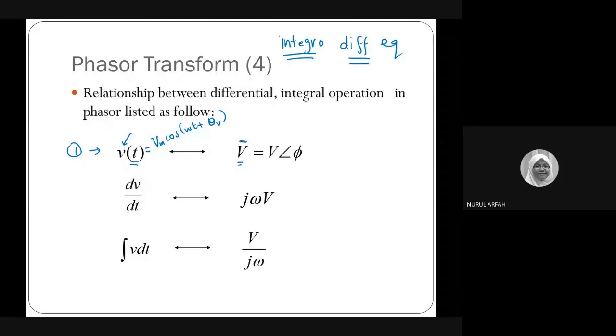And then what is V? The second one, V is your magnitude, amplitude. So this is Vm. And then with the theta V, it should be theta V, right? Because I want to follow this and this. So this is how you write down in terms of this.